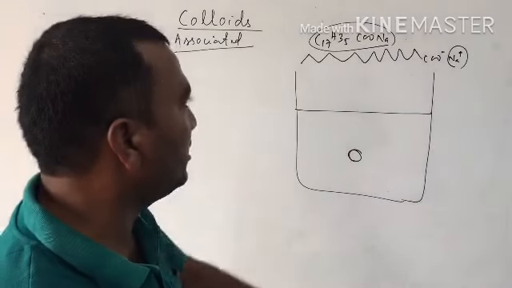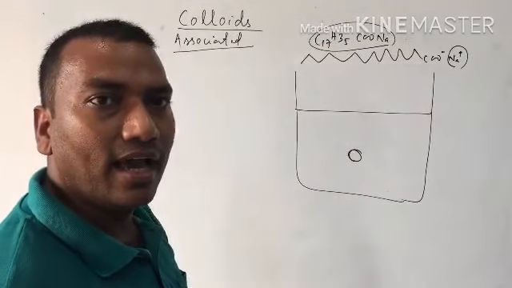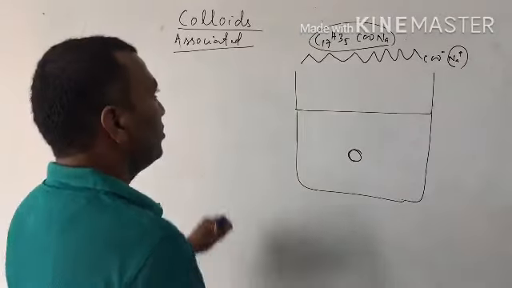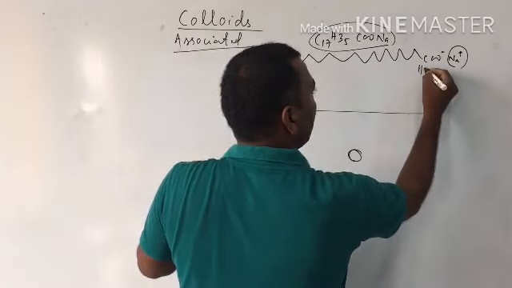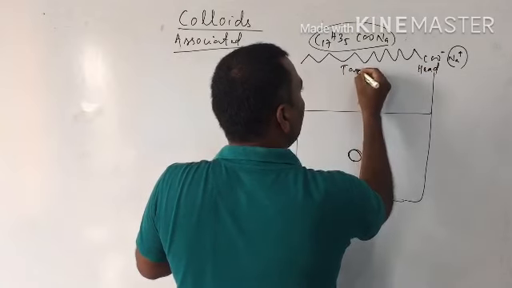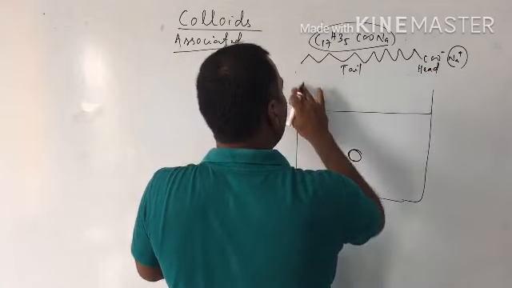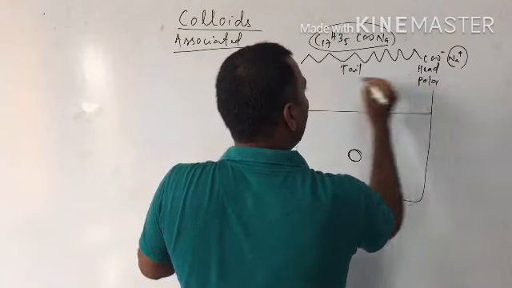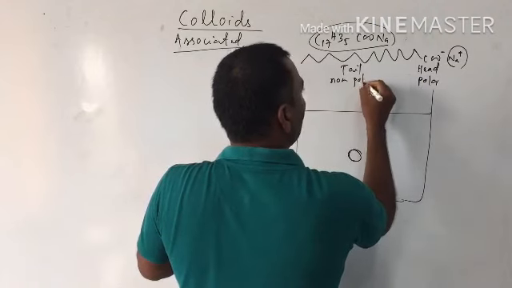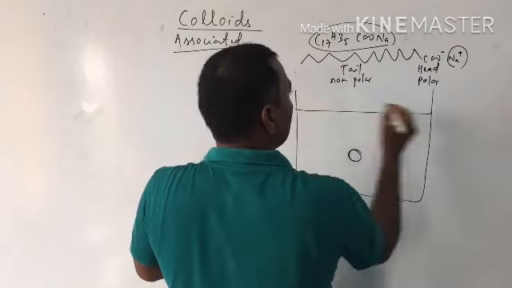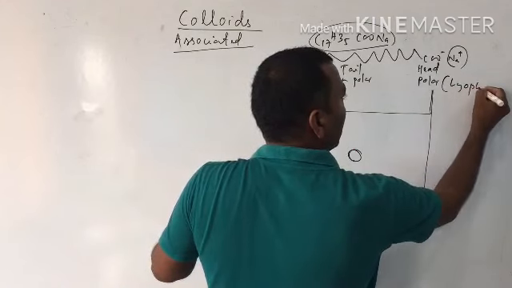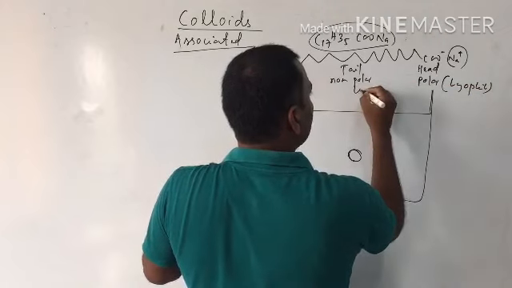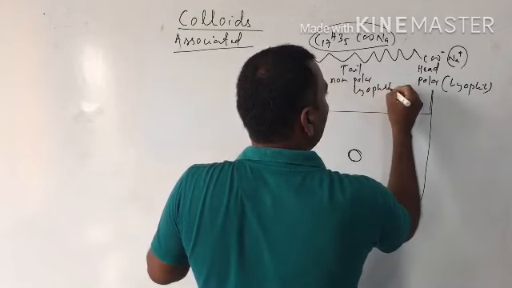When soap or detergent is added, it is easily separated. How? When this sodium stearate soap is added, this is called the head part and this is called the tail. Head is polar, tail is non-polar. Polar means lyophilic part, non-polar means lyophobic part.